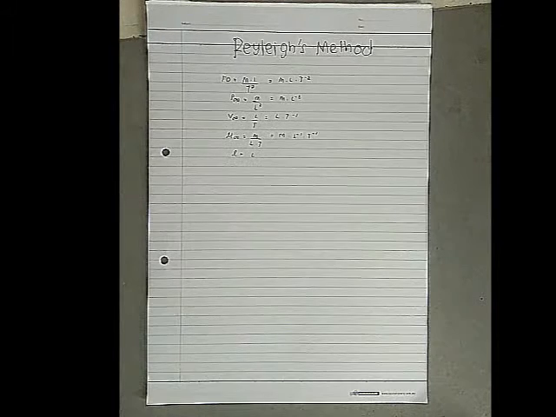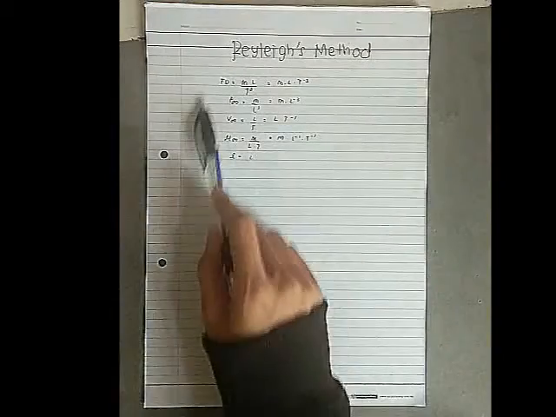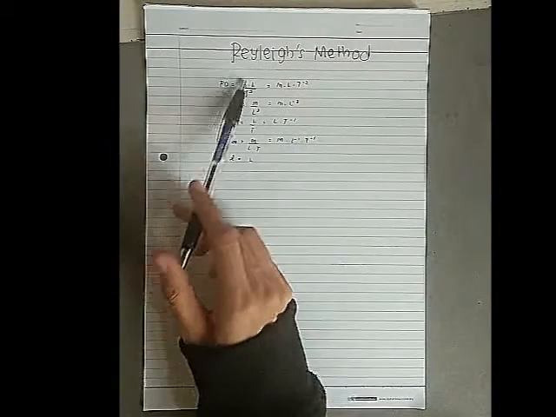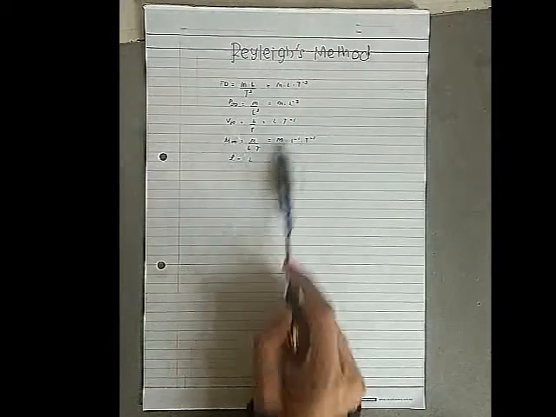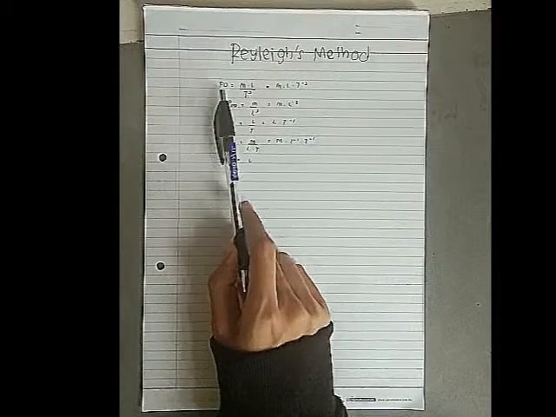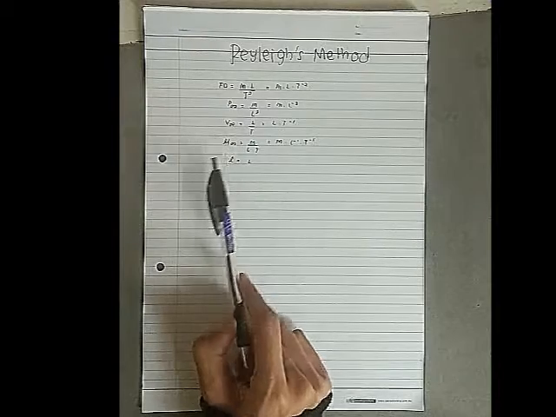Now I will explain the Rayleigh method. First, these are the common things we need to do: state the variables and their dimensional quantities. We have force, density, velocity, viscosity, and also length.